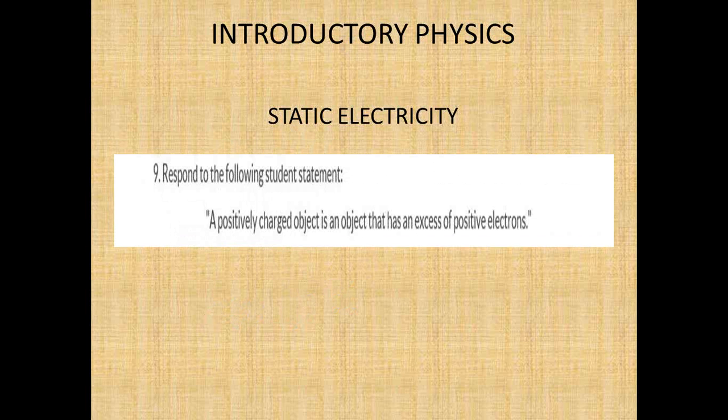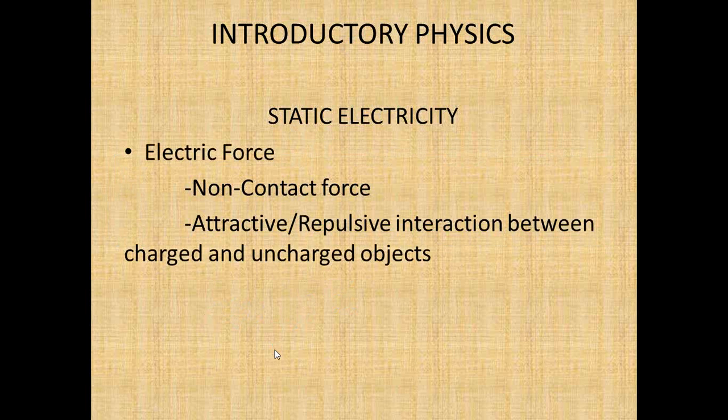And when we say an object has a charge of minus 1 coulomb, it has an excess of electrons in the order of 6.25 times 10 to the power 18. Those are the numbers you have to remember, and then the other aspect is just doing some basic math.